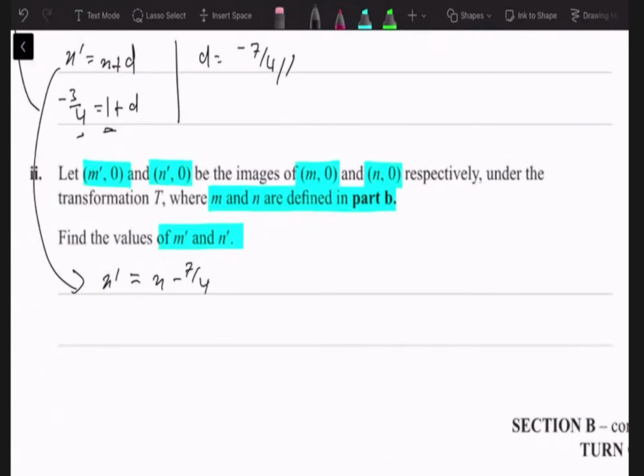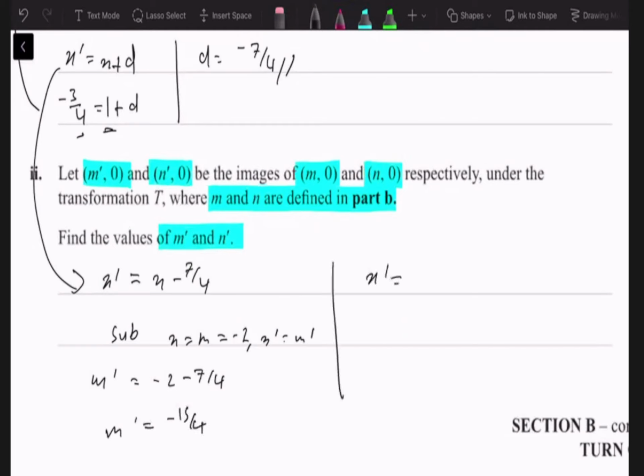Our original x was -2, so M is -2, and x' is M'. So M' is -2 - 7/4, which is -15/4. Same thing for the N value. So x is N is -1 and x' is N'. So N' is -1 - 7/4, so N' is -11/4.